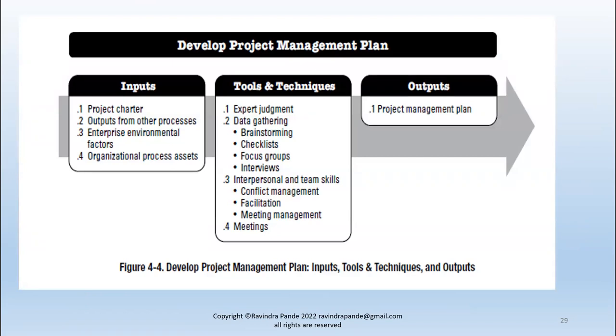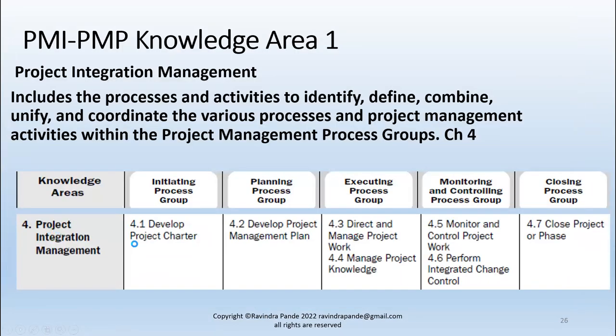Then develop project management plan. As we already discussed this, I'll go over it quickly. The inputs again are the project charter and the outputs from other processes. Now, develop project management plan comes in the planning process group. So here I'm starting my planning. The planning process group, as I told you, runs parallel to our project execution.